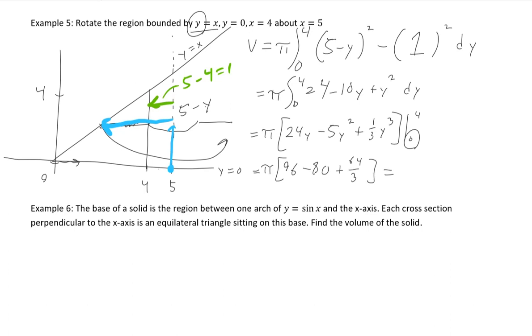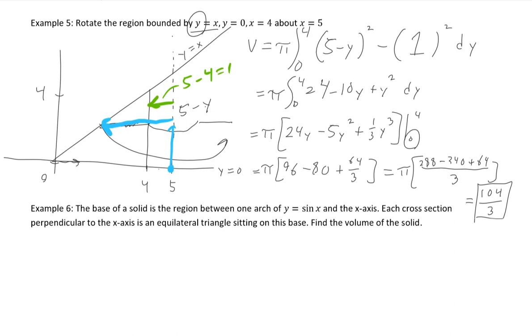All right, I can put all those over 3, so I can say 96 times 3 to get 288, minus 80 times 3, which is 240, plus 64, all over 3.